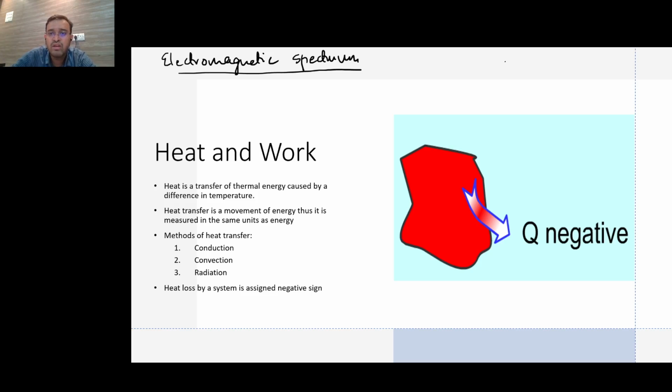On one end you have X-rays and gamma rays, then UV, then visible light, then infrared, then microwaves, then radio waves. This entire spectrum is called the electromagnetic spectrum. This spectrum is generated because of the interactions of electrical and magnetic fields.